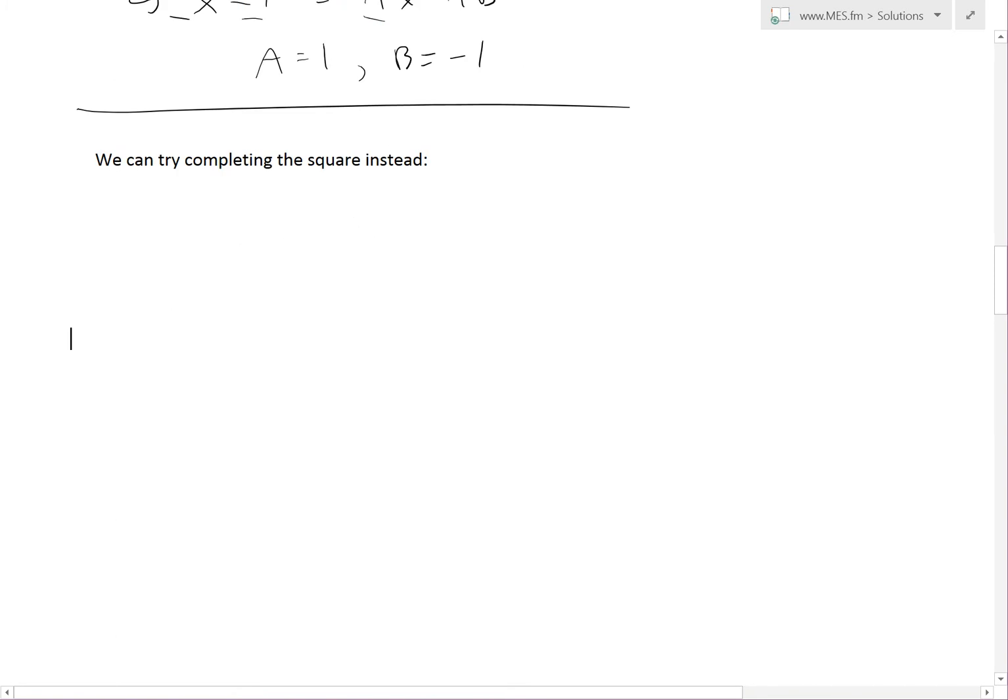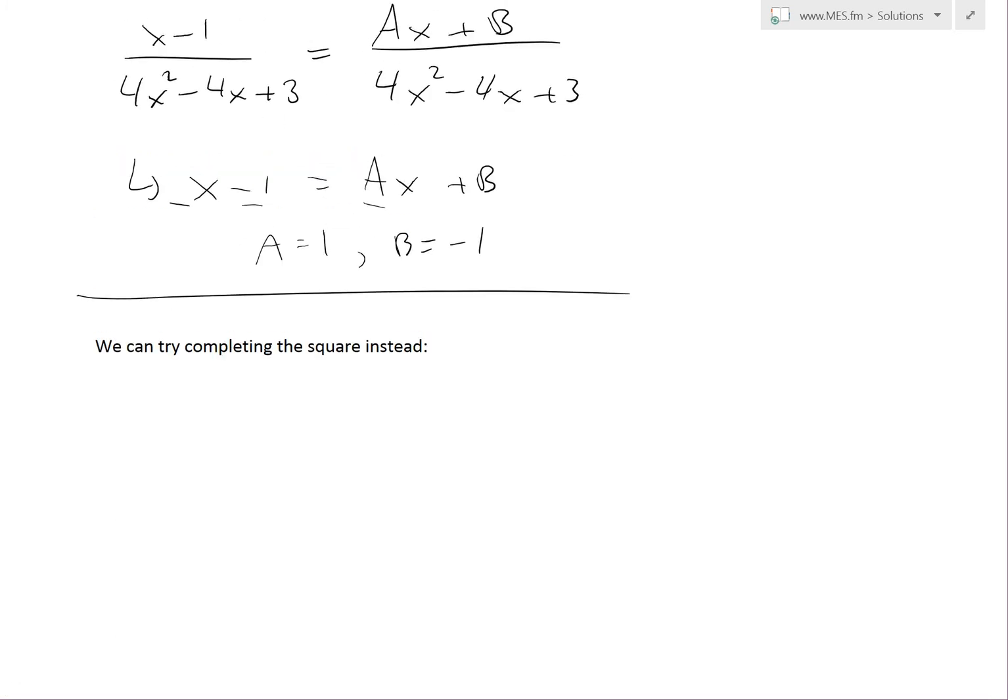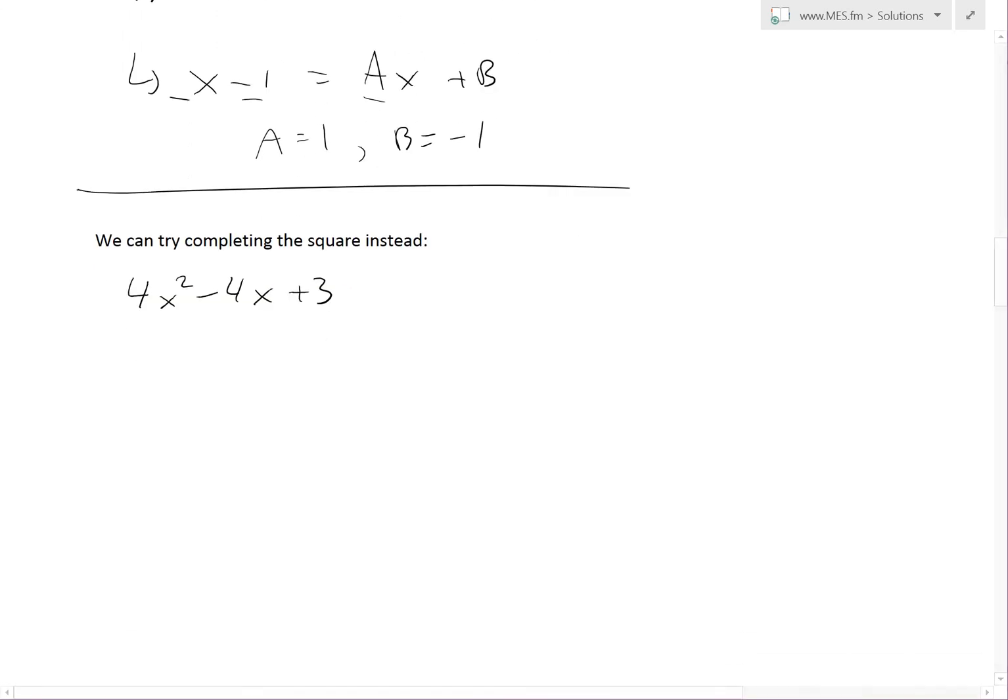So instead we try completing the square. We have this part right here, 4x squared minus 4x plus 3. We could complete the square because we know, in this case, 2x minus 1 squared, because this is 4x squared.